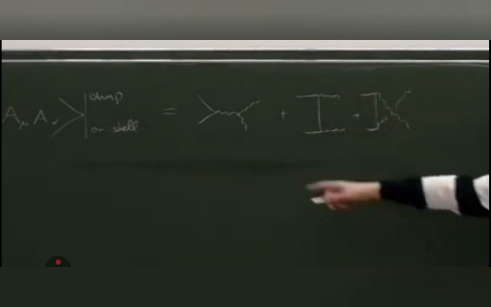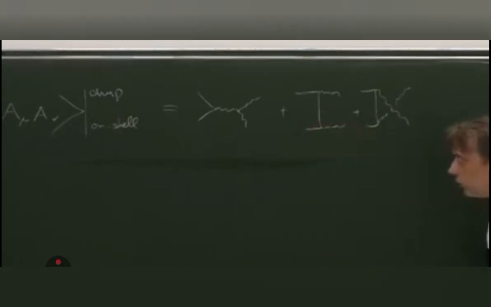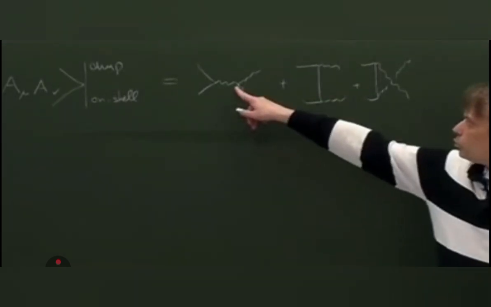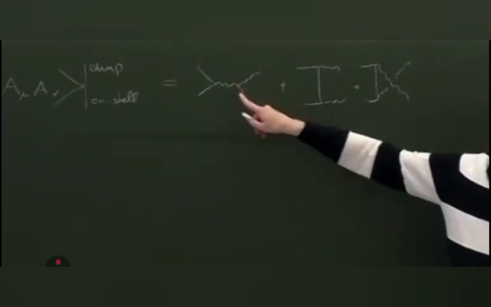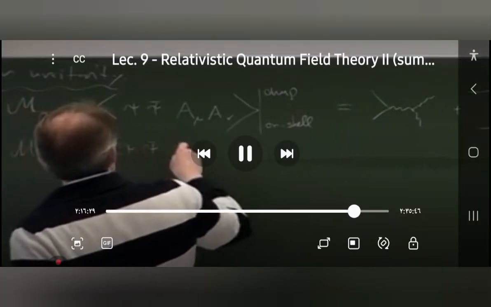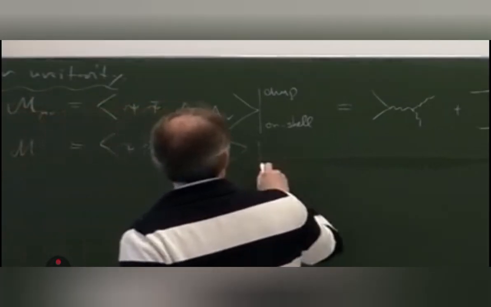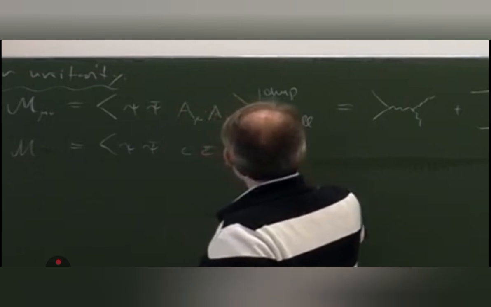Tree-level Feynman diagrams for quark antiquark going to two gluons in QCD, with a triple gluon vertex, which is a non-abelian diagram, and the other ones are similar to QED Feynman diagrams. Then we also define M, which is ψ bar C bar, amputated and on shell.